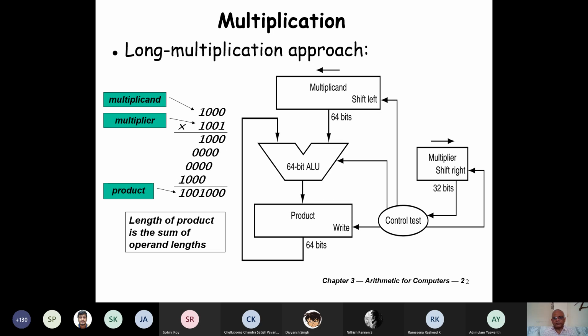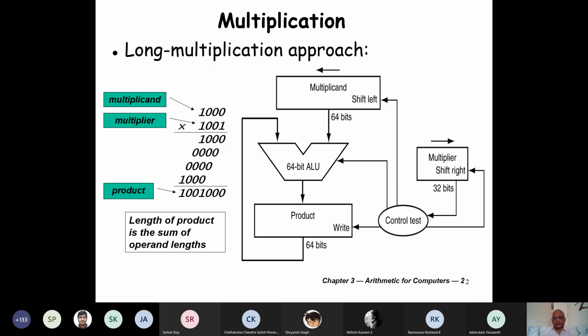And next step, we shift the multiplicand left 1 bit and multiplier right 1 bit, and observe what is there in the least significant bit. That's what the control circuit does. And if it observes there is a 0, it doesn't do anything, doesn't enable the addition, neither enable the write.